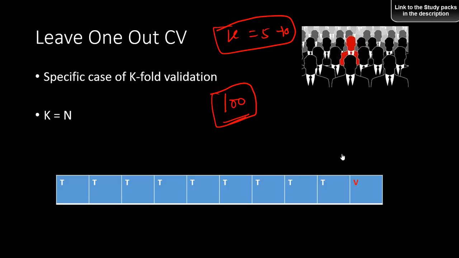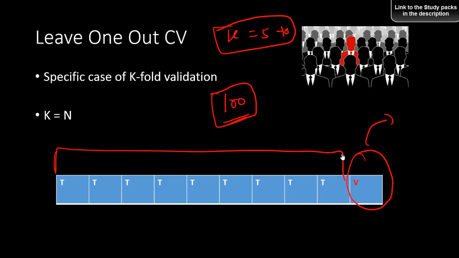Okay, and then we will build the model on the rest of the observations except only the last observation. Okay, and that observation we will consider as the validation sample, and then we will calculate the error. This will be error 1. Okay, now we'll change the fold, we'll make that one training, and we'll make this one validation or holdout.